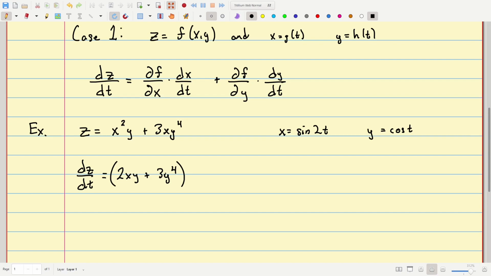And then we take the derivative of x with respect to t. This is going to give us 2 cosine 2t. And then we add to this the derivative of f with respect to y, which is x squared plus 12xy cubed. And the derivative of cosine with respect to t is negative sine t.